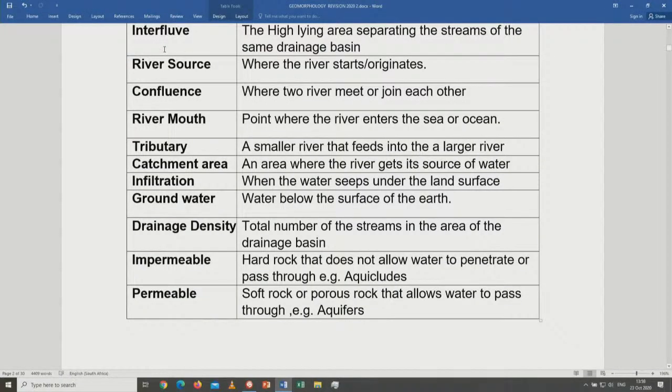Now, if you look at another concept here, we're having also a drainage basin. Drainage basin is the total number of streams in the area of a drainage basin. How many streams are there? Number of streams in that particular area.